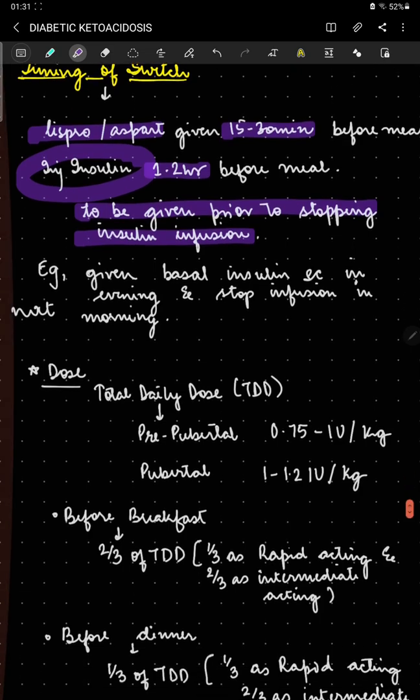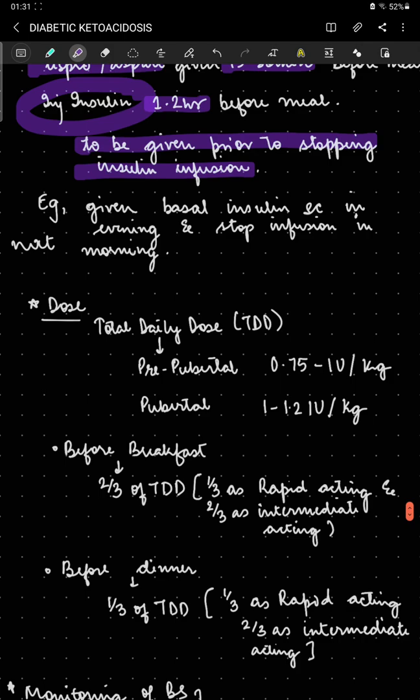Okay, for example, basal insulin is given in the evening, and you stop the infusion in the morning, so that would be a good way to transit from IV insulin to subcutaneous insulin.